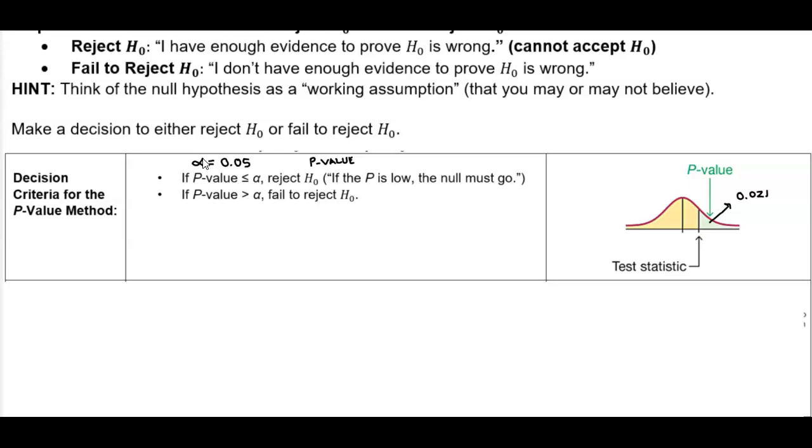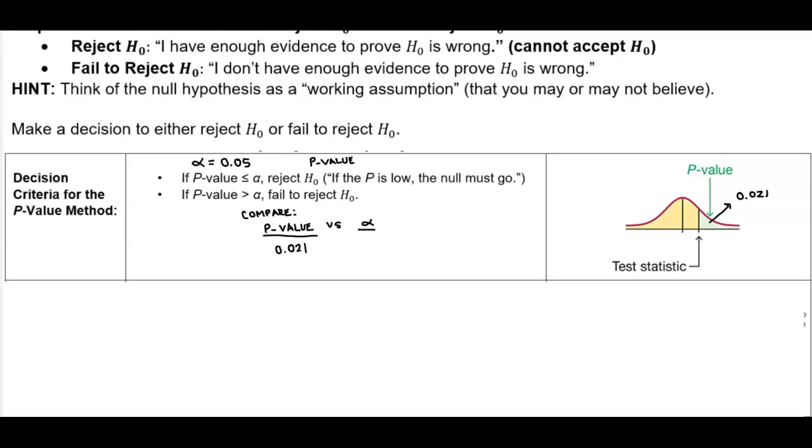Okay, so what we'd want to do is we would need to compare the following. We want to compare the p-value versus the significance level. So let's say that our p-value that I had just written over there is 0.021.